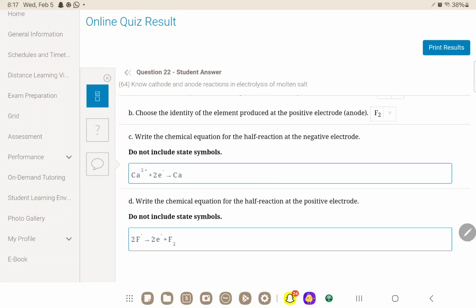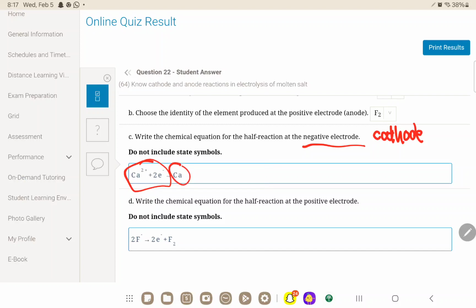Now, to write the half reactions, you start off with your ion at the negative electrode, aka the cathode. It's a red cat, so it's going to undergo reduction. And since it's reduction, electrons are in the reactants. So Ca2+ plus 2 electrons gives you Ca.